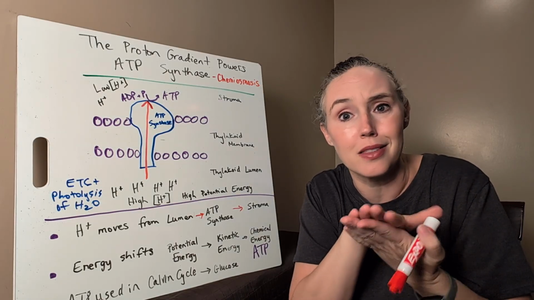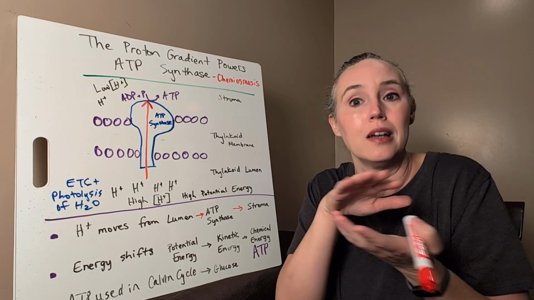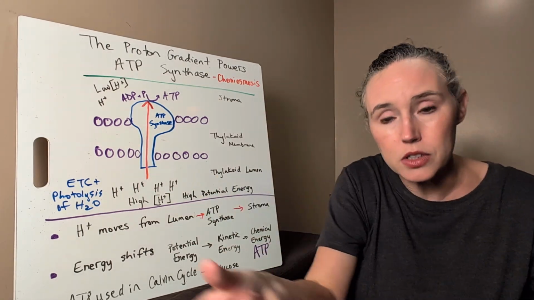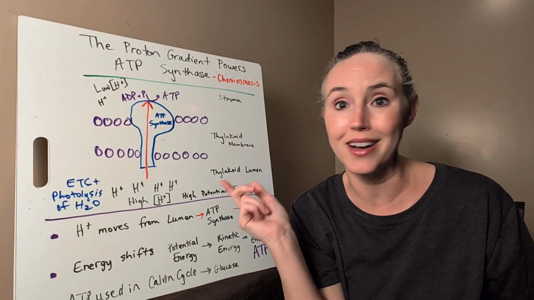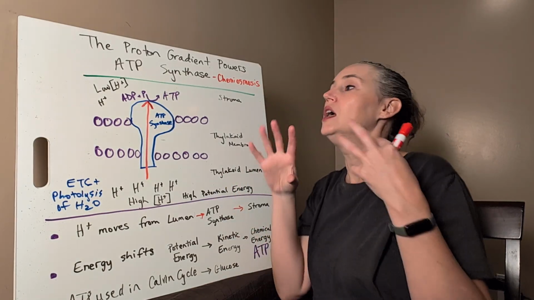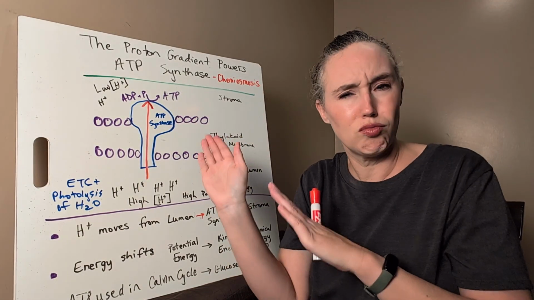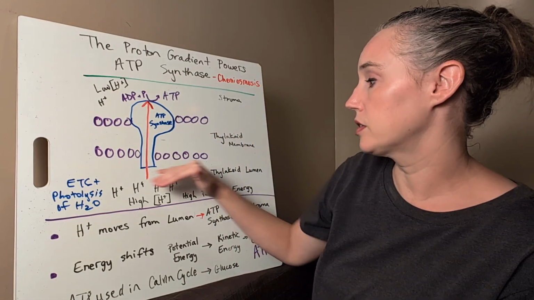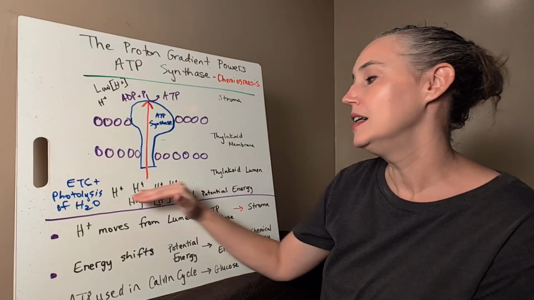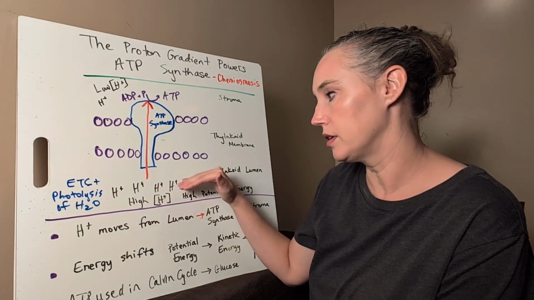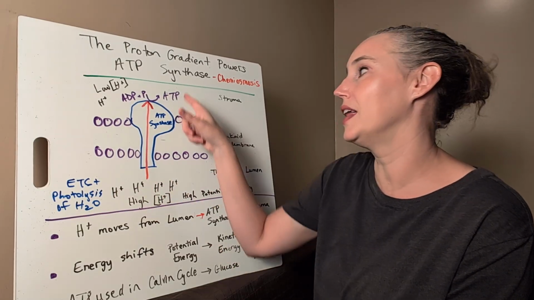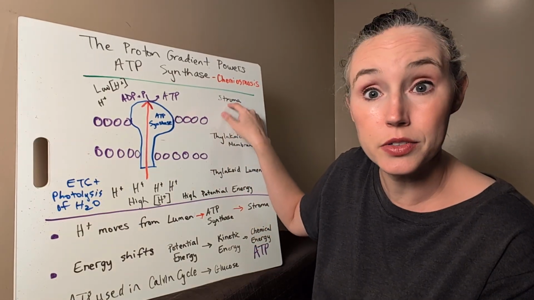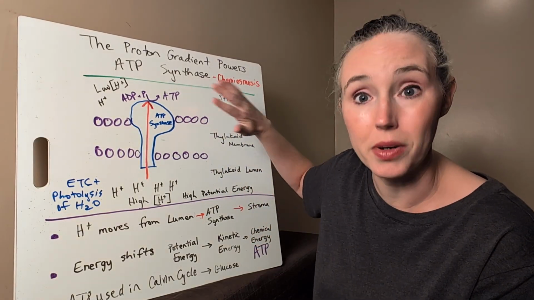The jelly is the lumen, and then the outside is the stroma. So you could imagine this going all around the outside of the thylakoid. But I'm operating from that very first diagram. In that case, the high proton concentration is where the entrance is, and then the exit is going to be towards the stroma. So that could be in any direction, but in this case, it's towards the stroma. That's the important part.